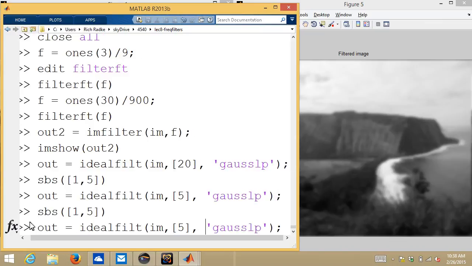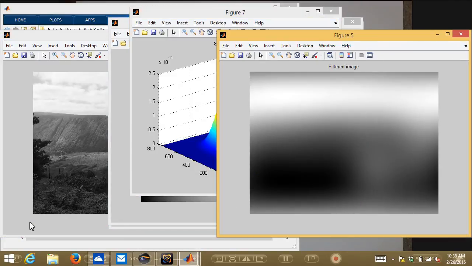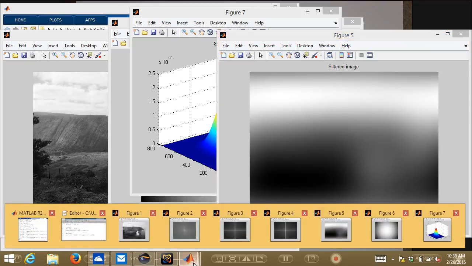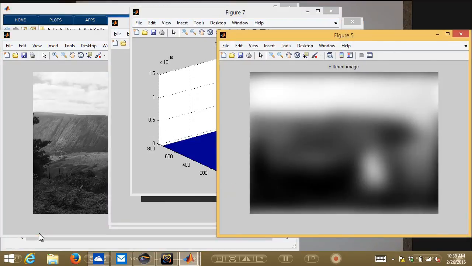And on the other hand, if I make this a lot bigger, then I get a really blurry image, but it doesn't have that kind of ringing look to it, right? So no amount of radius will have those visual artifacts that I had before.